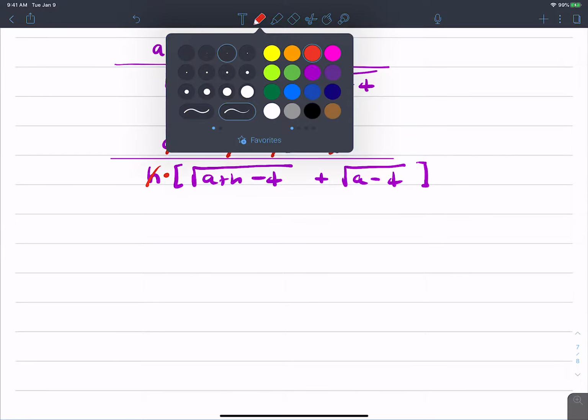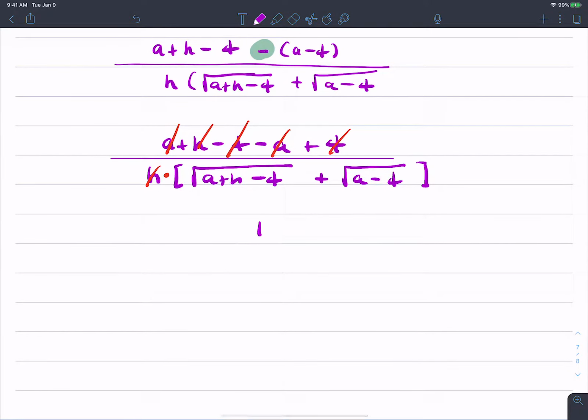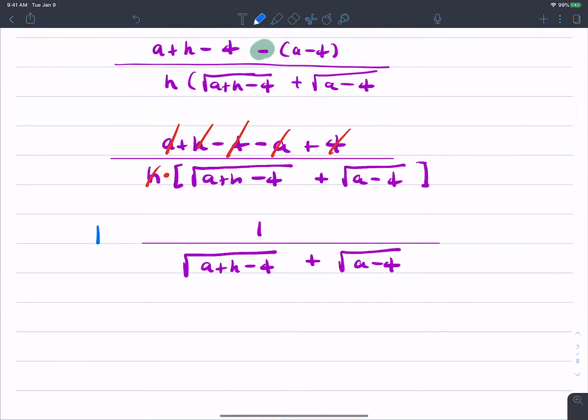This is beautiful. So you have 1 over the square root a plus h minus 4 plus the square root of a minus 4. I like this question. Note to self, put this on the study guide or put this on the test.